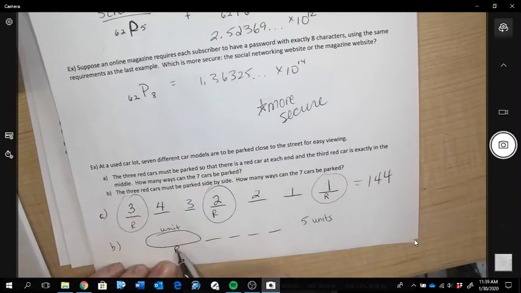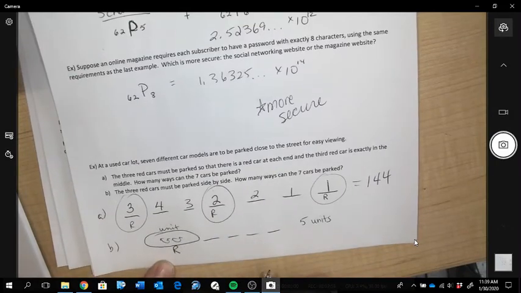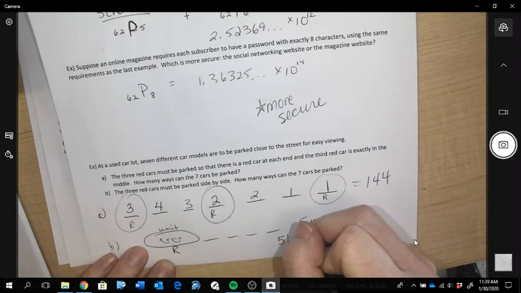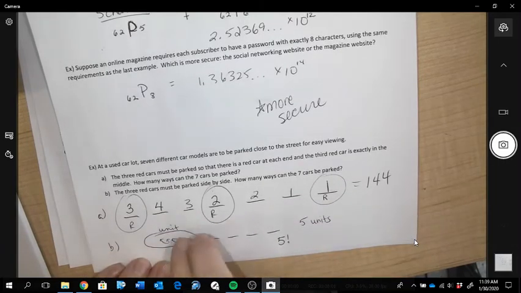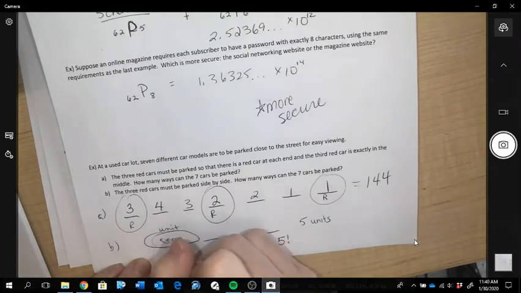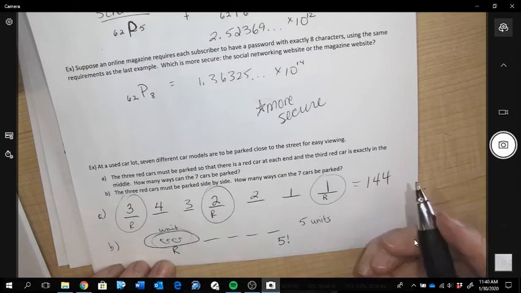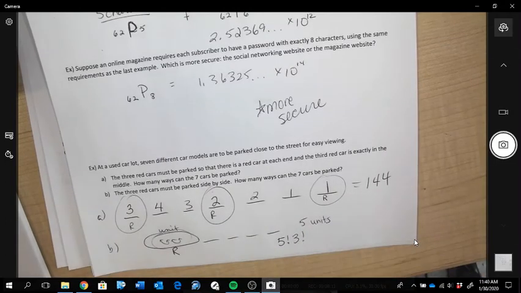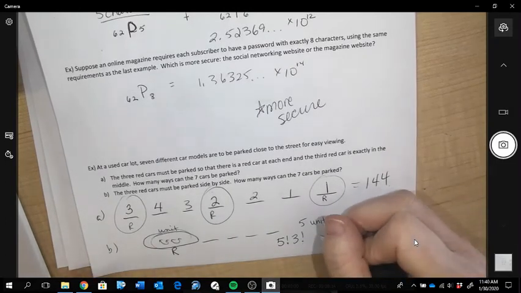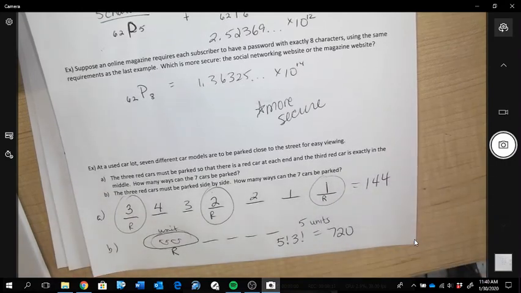Okay, so now within this unit we could move those red cars around though. So we could put all 3 red cars in the middle. We could put 3 red cars over here, 3 red cars over there. So we're moving the units around. Then within that unit themselves, you can rearrange those 3 cars in 3 ways. So altogether there's 720 ways.